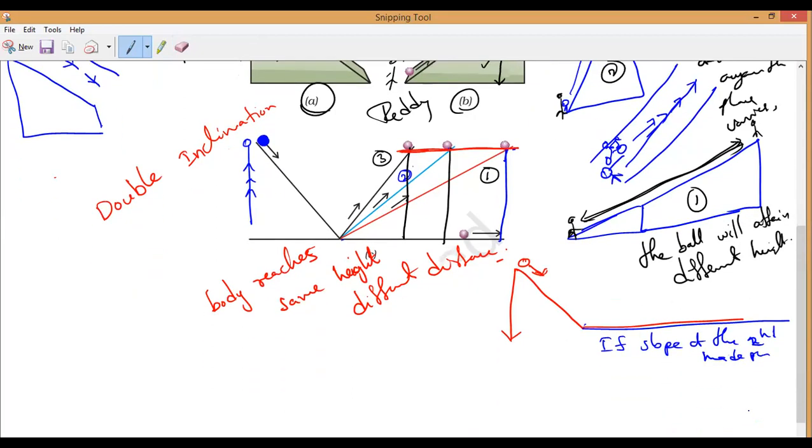Then what will happen? If the slope of the second plane is made 0 angle, what will happen if I release the ball here? That is my question. You have to tell me.